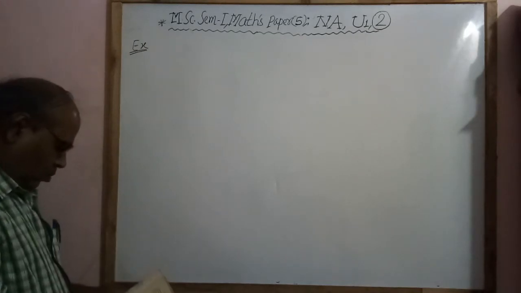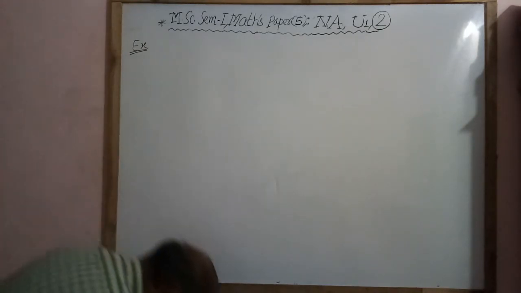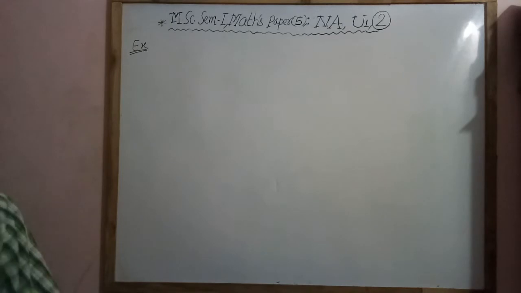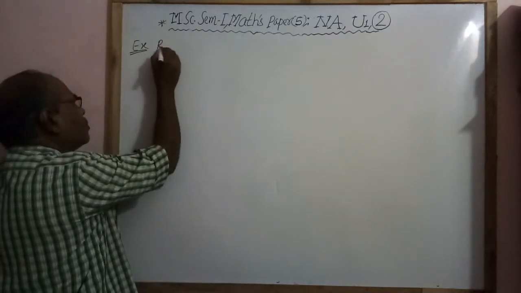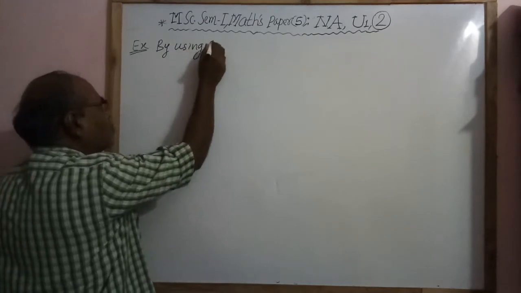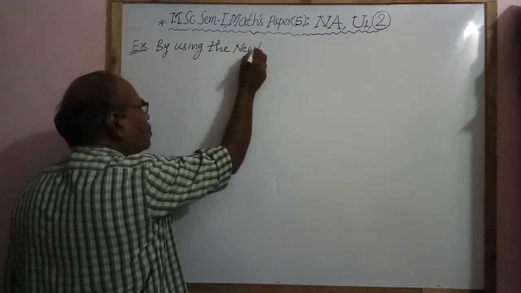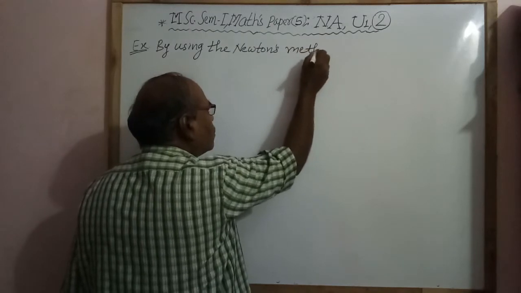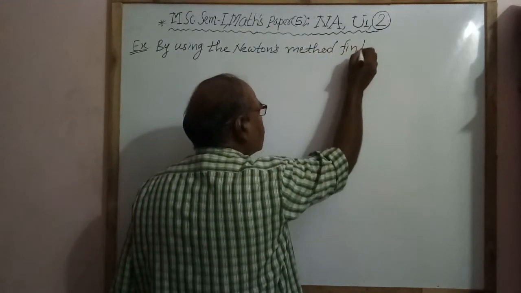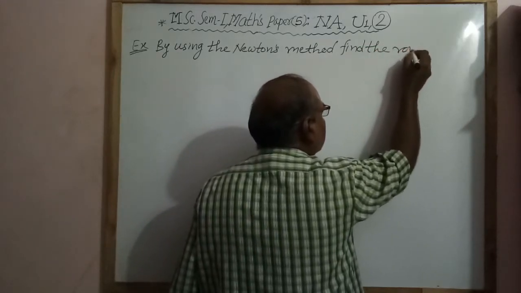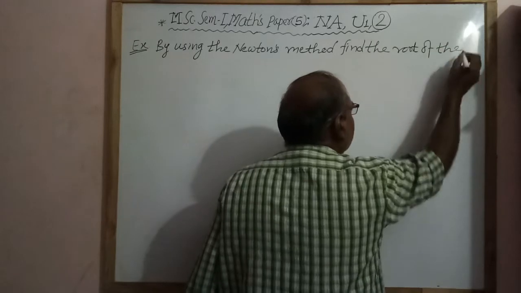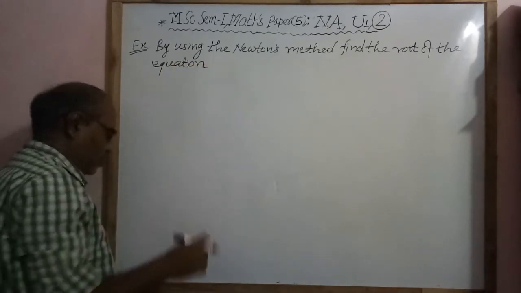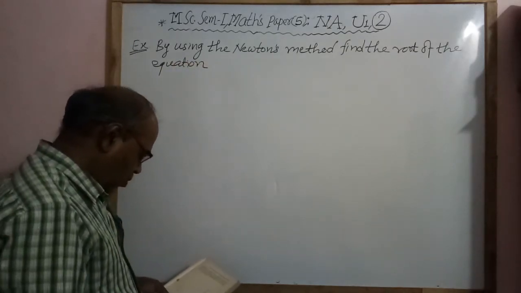Example: by using Newton's method, find the root of the equation x cube minus 3x minus 5.